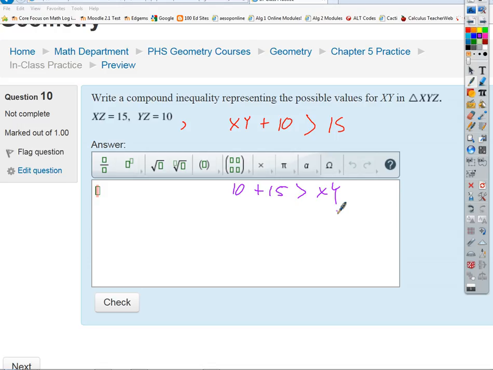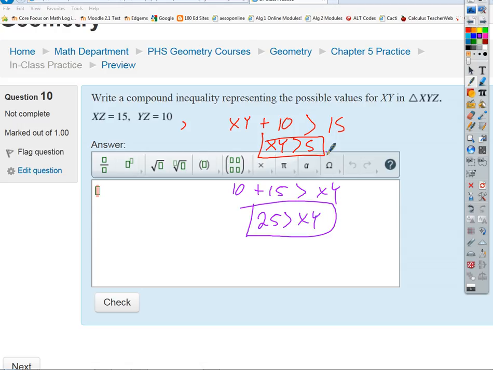So what happens if I solve this one? What do I have to do to get the XY by itself? Subtract 10. So one thing that has to be true is XY has to be greater than 5. What do I do here? Just combine them, right? So I also know that 25 has to be greater than XY, or XY has to be less than 25.